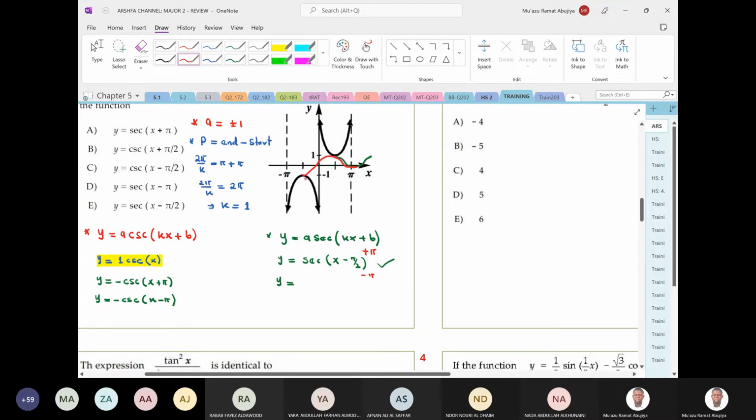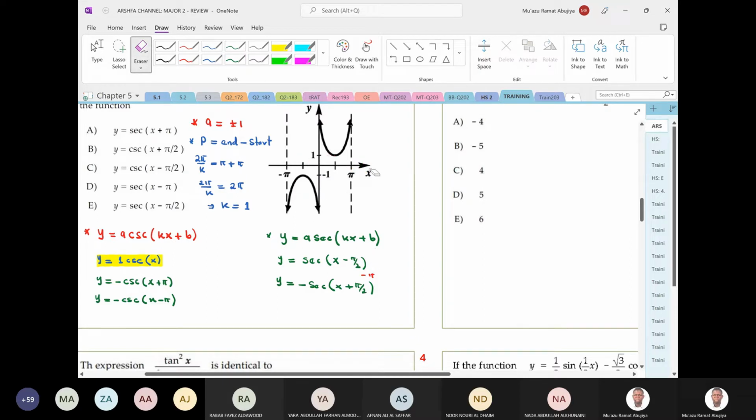So if I start the graph from here and stopping here, you will agree with me that we are going to start at minus 1 here, right? So this is going to be minus secant of x plus pi over 2. So now we added the pi to this one, giving us plus pi over 2.